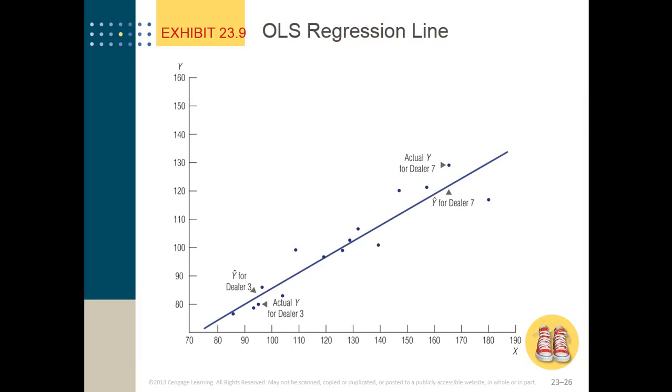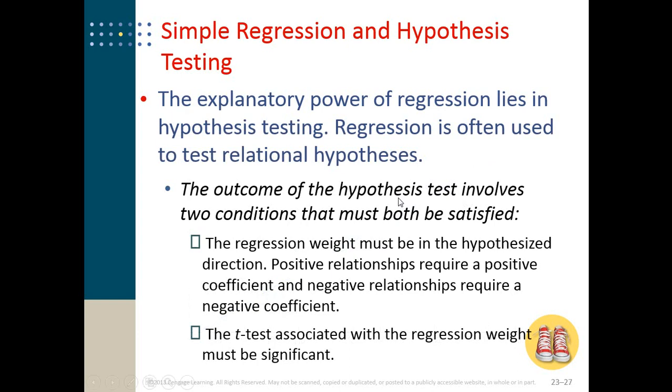This is the OLS regression line. We also discussed it in the last video. Now, how does this regression analysis help us in hypothesis testing? As I previously mentioned, in regression analysis, we try to find out if X has an influence over Y, or if X is explaining the variation in Y. Now, as far as the hypothesis is concerned, we may have a hypothesis like brand loyalty affects customer satisfaction.